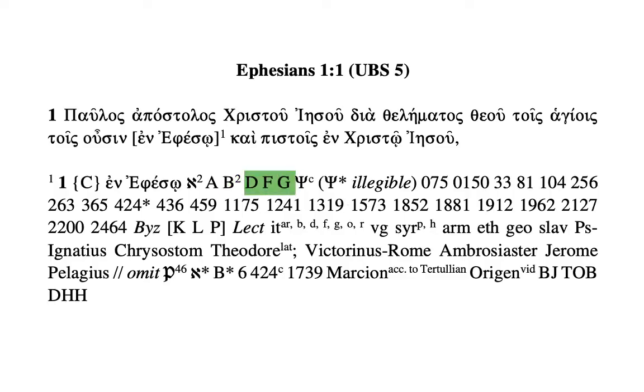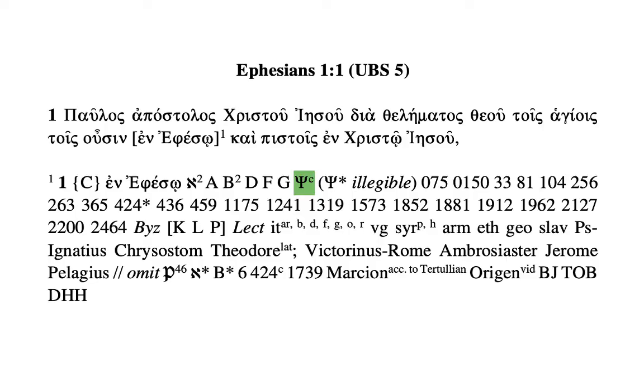And the D F G are straightforward. These are majuscules, just like Aleph, A, and B. But these don't imply any corrections or anything like that. And then you get C with a raised letter C. Now remember that the Greek letter psi is just representing a majuscule in the same way that the other symbols are also representing majuscules.